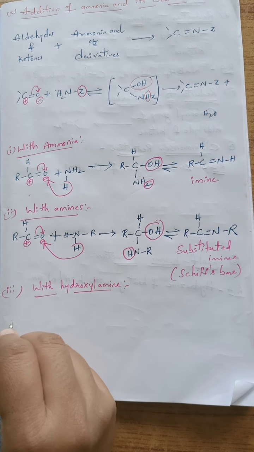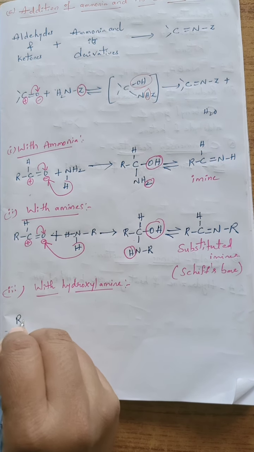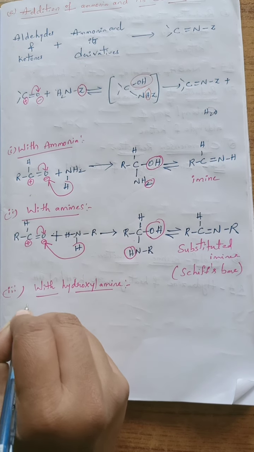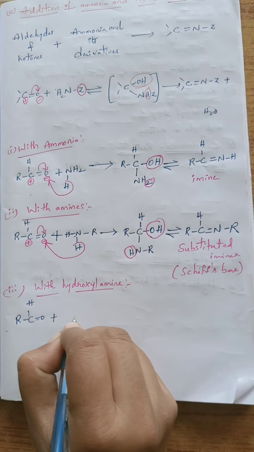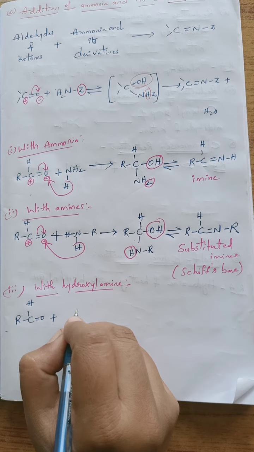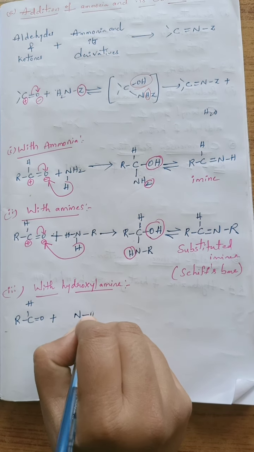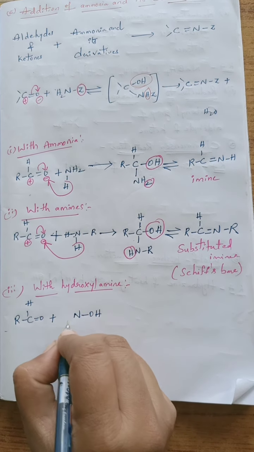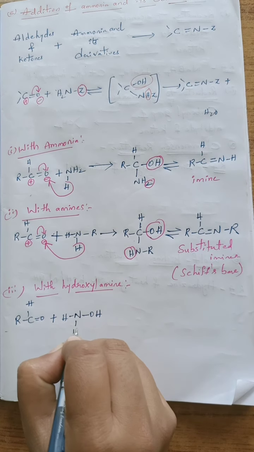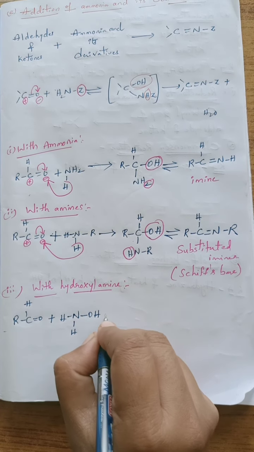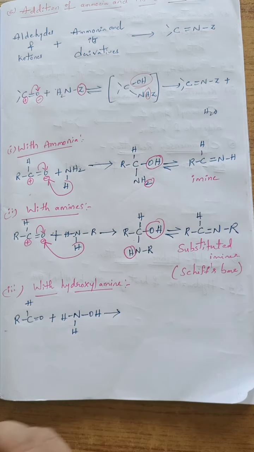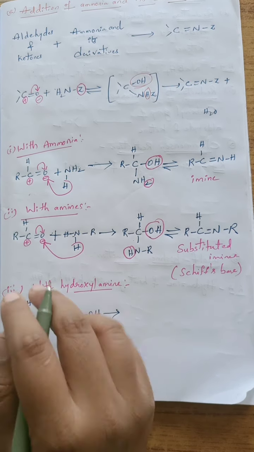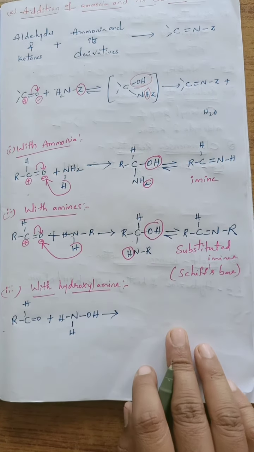When that hydroxylamine reacts with the carbonyl compound R, C double bond O H plus NH2OH. Okay, and on that N, OH is present and two hydrogens are also present that I have written separately. Now when these two undergo reaction, the first step is the same as what happened in the above two reactions.